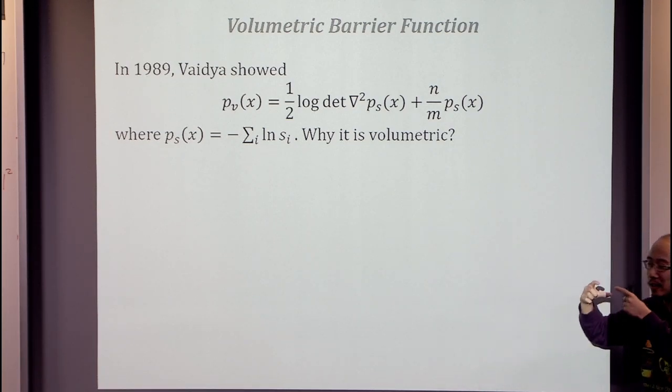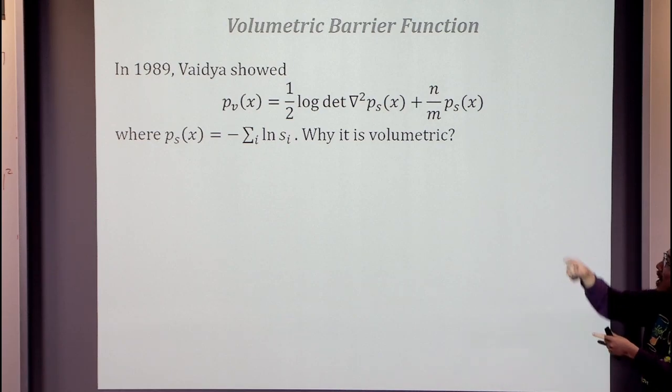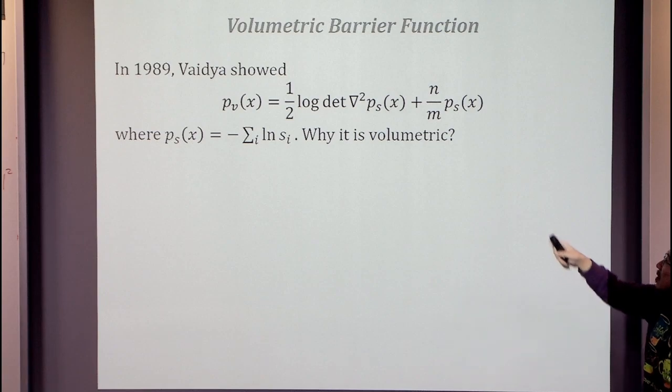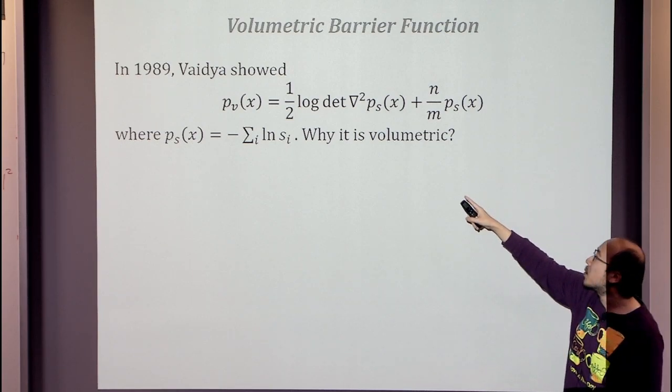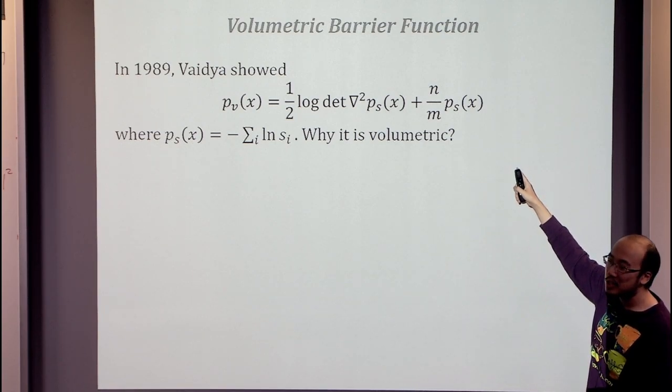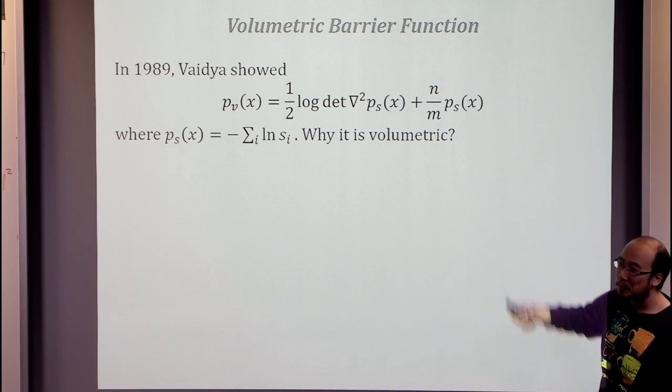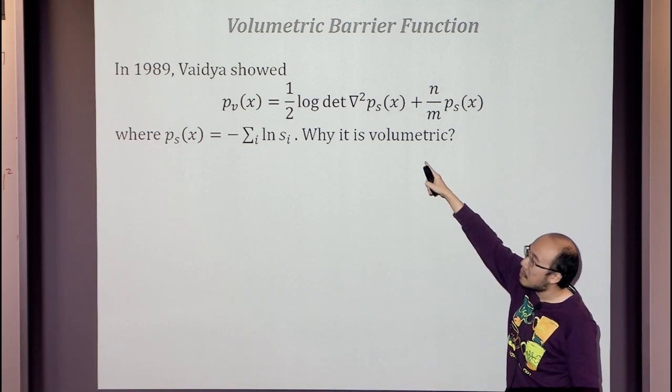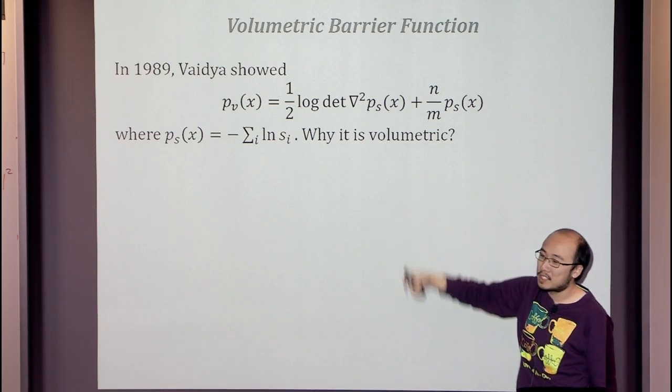That means you look at the ellipsoid around that point, and then you compute the volume of that ellipsoid, and then you take log. And you mix it up with the original barrier function, and he said this is a good barrier function. By the way, this is volumetric because you're computing a volume of some ellipsoid.